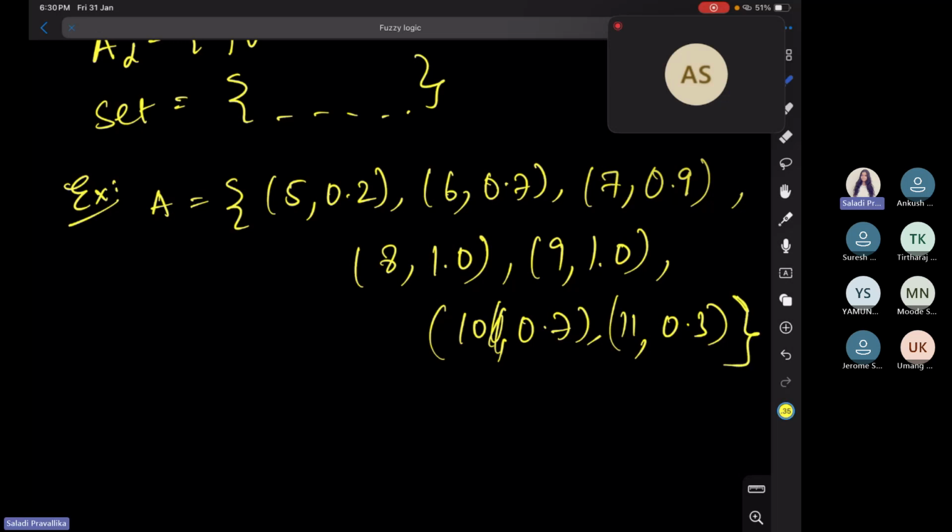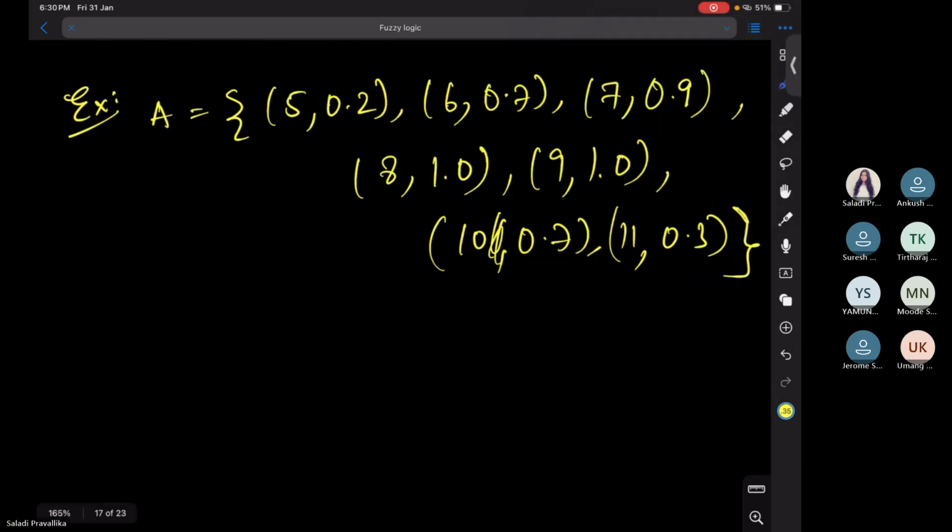So let us say this is my set, and I'm giving the alpha as 0.4. So here alpha is equal to 0.4.